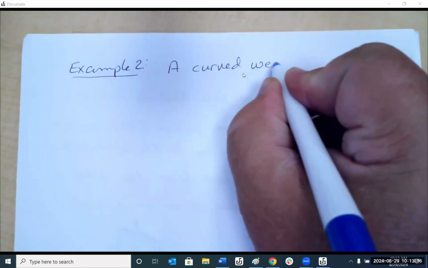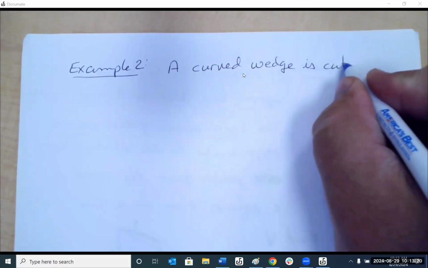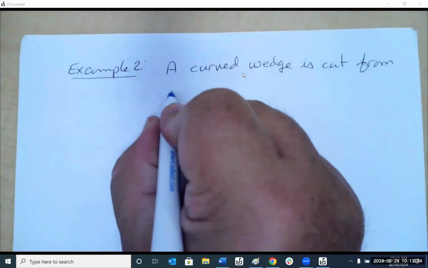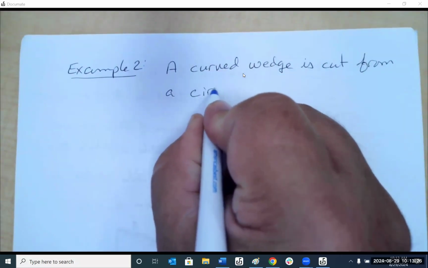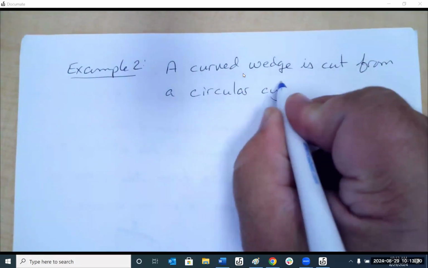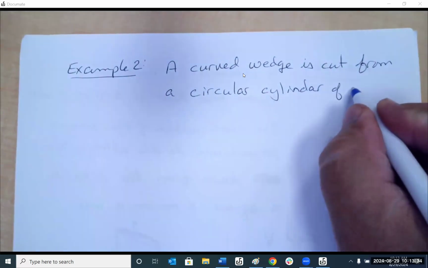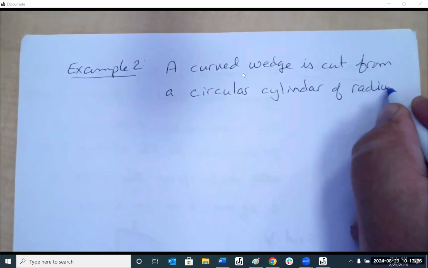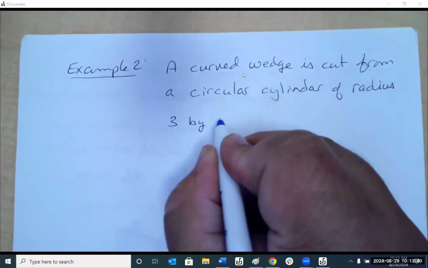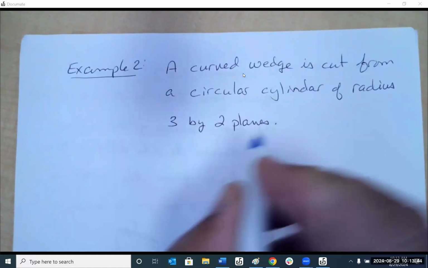A curved wedge is cut from a circular cylinder of radius 3 by 2 planes.